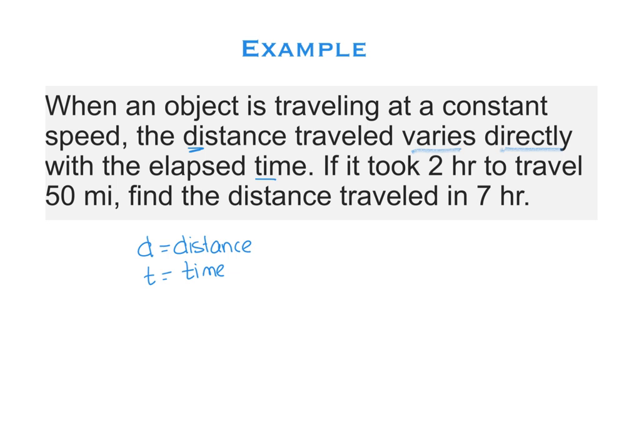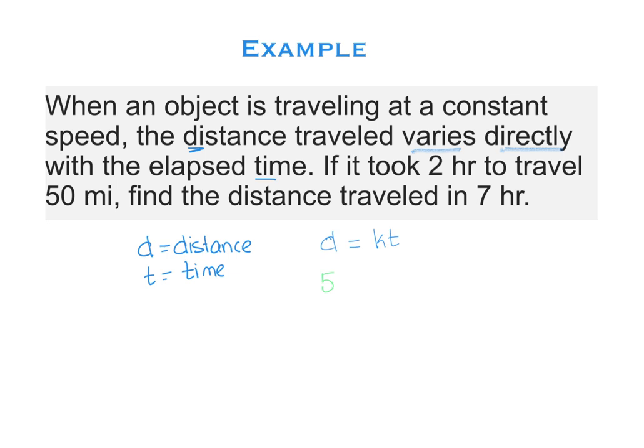And as we look at this, we want to set up what we know. So we're going to say distance varies directly. Well, that means some constant times t. And then they've given us some information. If it took 2 hours to travel 50 miles, find the distance traveled in 7 hours. All right, 2 hours to travel 50 miles.